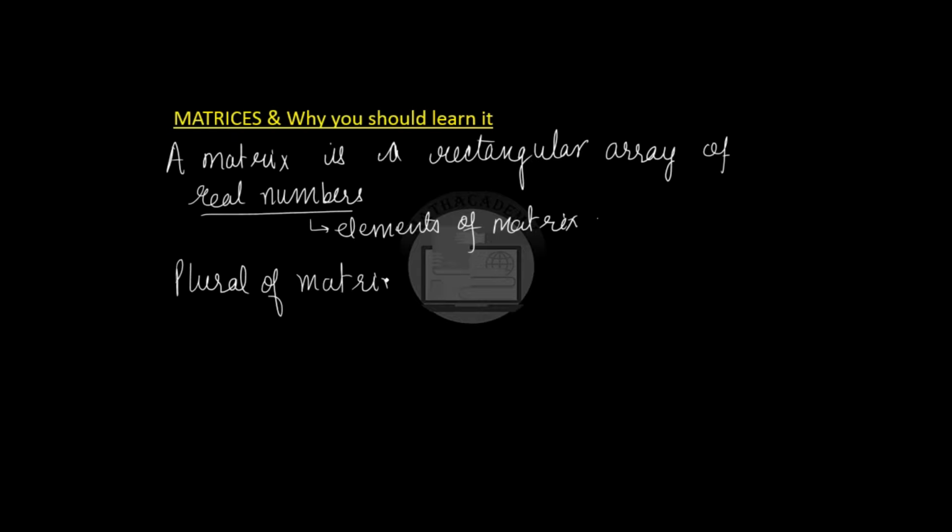And these real numbers are called the elements of the matrix. The plural of matrix is matrices. So matrices are rectangular arrays of real numbers.